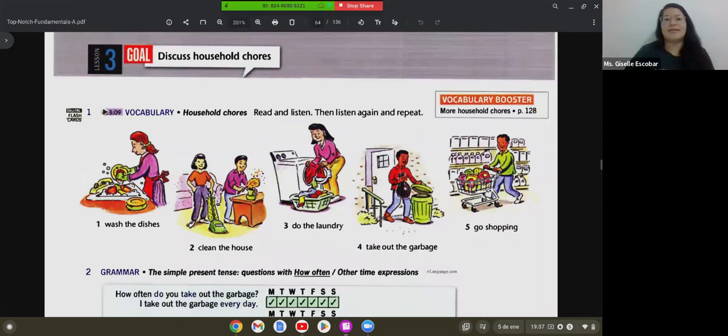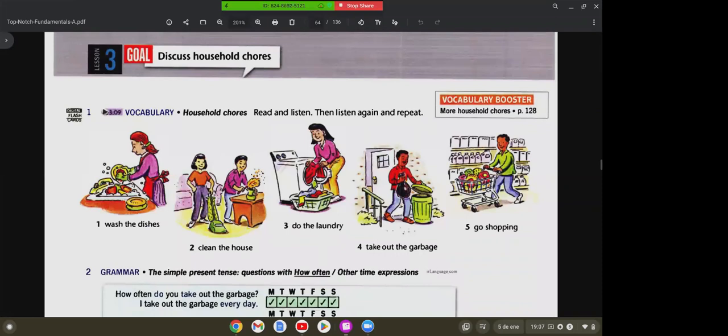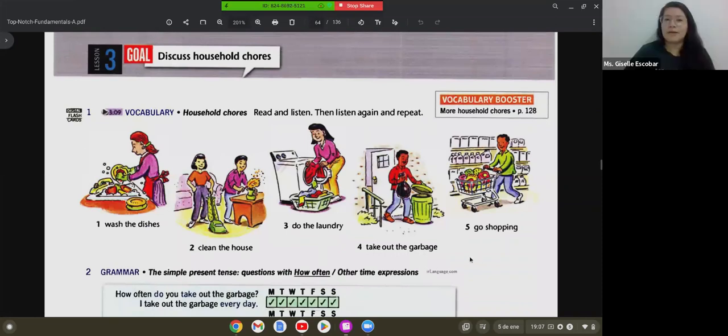Chores, exactly. Discuss household chores. So what do you think household chores mean? It can be... So household chores basically means tareas del hogar, right?